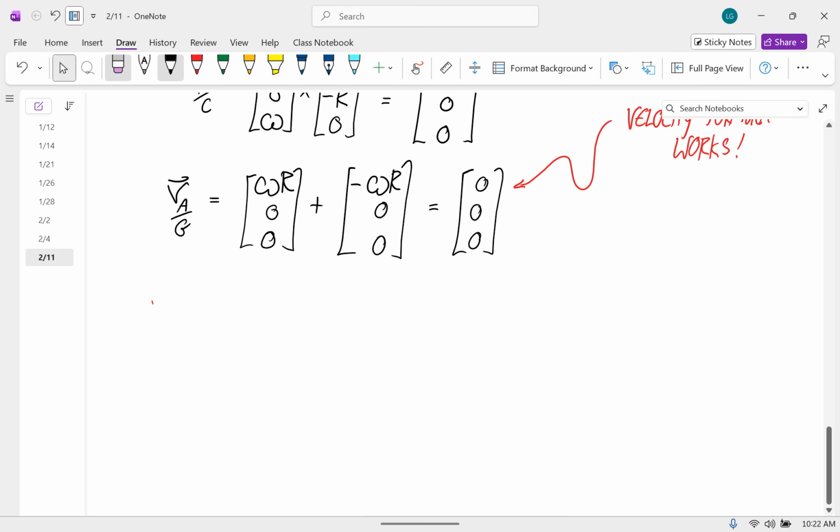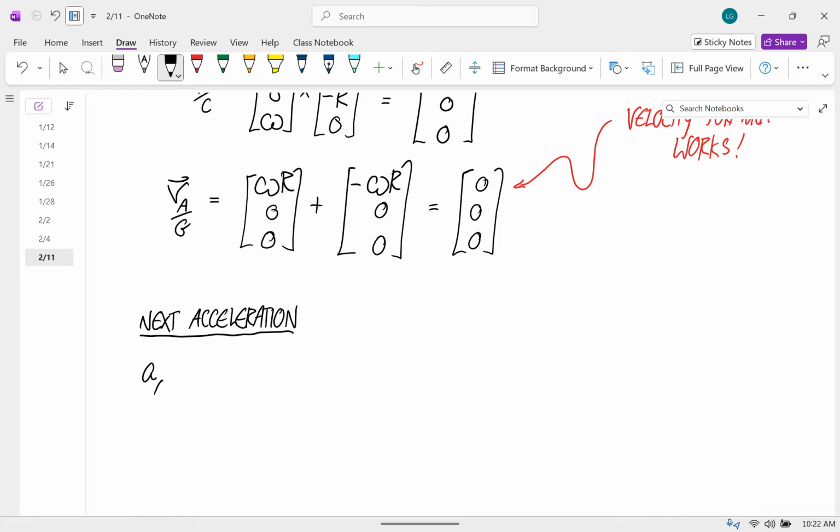So next we're going to do the acceleration. The acceleration of that point A, we're going to use relative motion again.